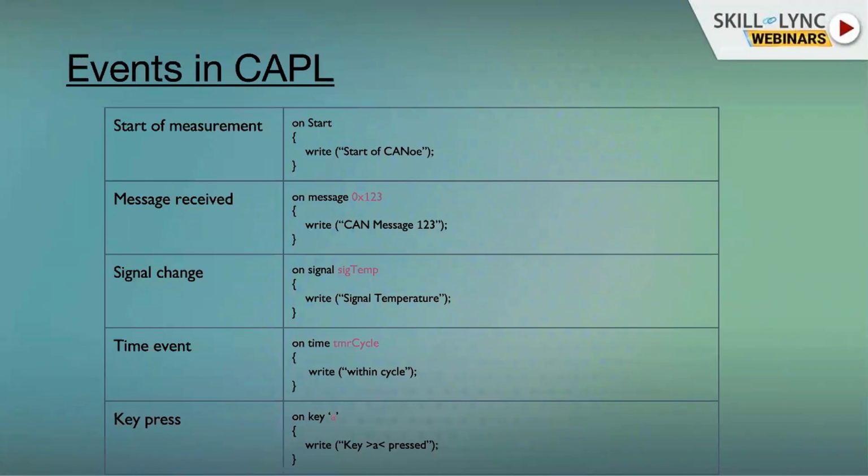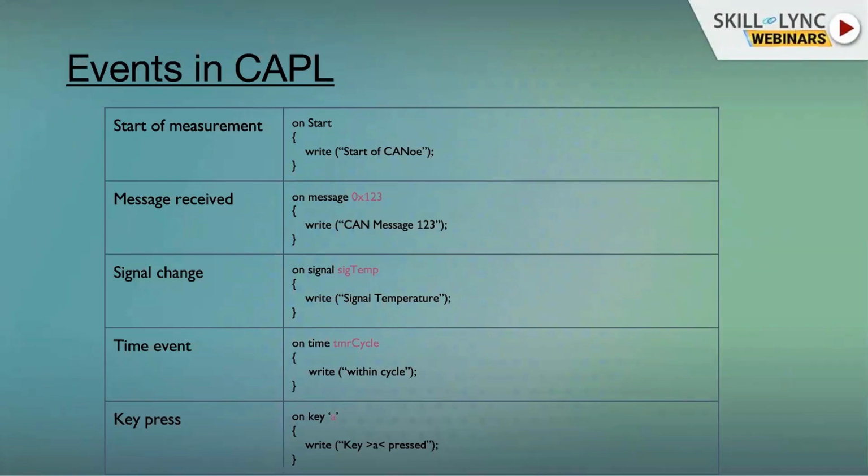If you have the database already created, you can write the name of the message directly. Whenever message 123 comes, it will write "CAN message 123" in the Write window. Similarly, on signal temp, we can write some signal, and it will write the signal temperature in the Write window.